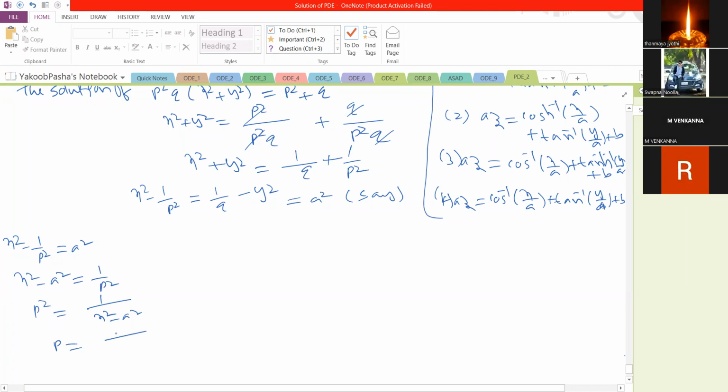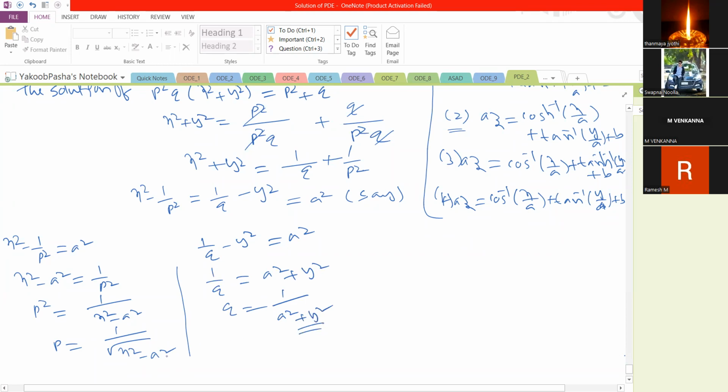P is equal to 1 by under root of x square minus a square. What is the right option? Second one is the right option. Now p is equal to 1 by under root of x square minus a square. Similarly, you can take 1 by q minus y square is equal to a square. So 1 by q is equal to a square plus y square. Q is equal to 1 by a square plus y square.